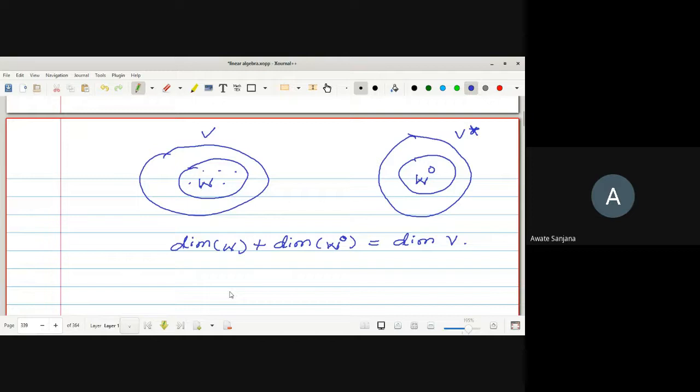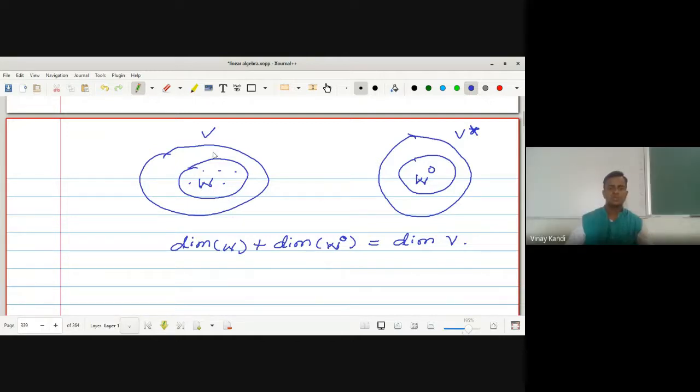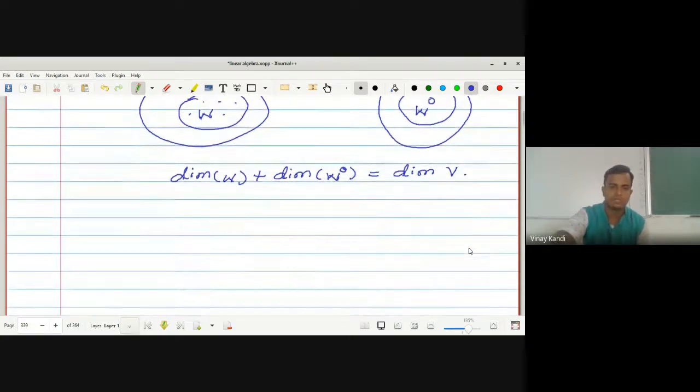Yes. Okay, W is a subspace of V here, and annihilator of W is a subspace of V star. Then we have to show that dimension of W plus dimension of annihilator of W is equal to dimension of V. Now, statement.